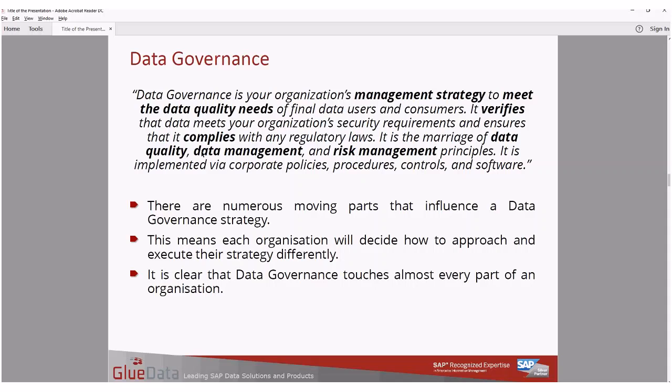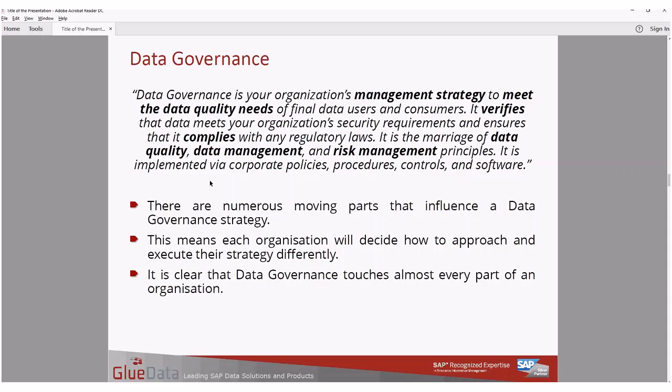Okay. Basically, data governance can differ immensely across organizations. We all know that, but it's clear that data governance is an enterprise-wide strategy. Okay, you're not going to get away from that.